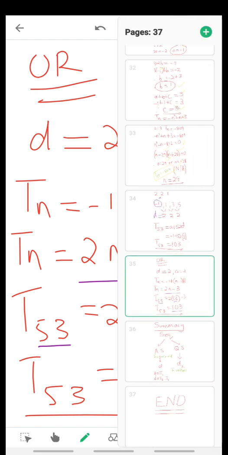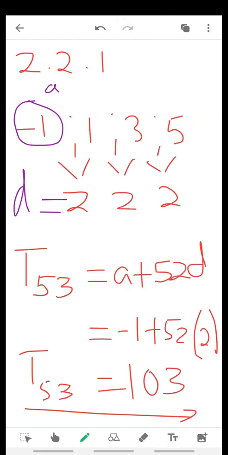But on this slide here, I've said, remember, what is the first term? T1 is equal to A. You agree with me? Then what is T2 equal to? T2 is equal to A plus D. That is when I say the first term plus the common difference. Then what will be my third term?